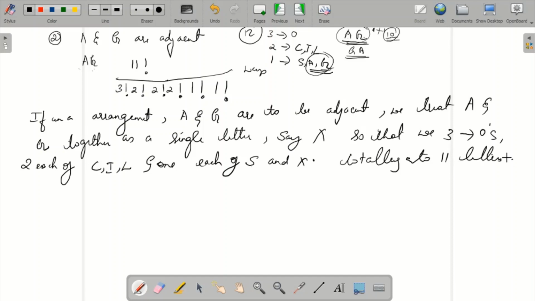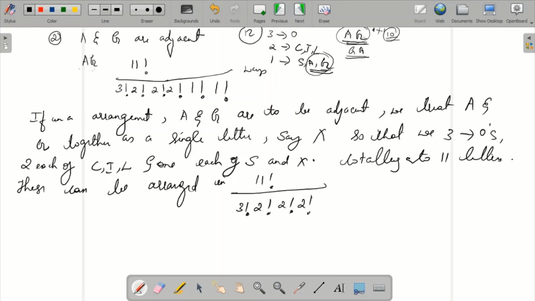These can be arranged in 11 factorial divided by 3 factorial, 2 factorial, 2 factorial, 2 factorial, and then 1 factorial of S and 1 factorial of AG. These many ways. This was when it was AG.